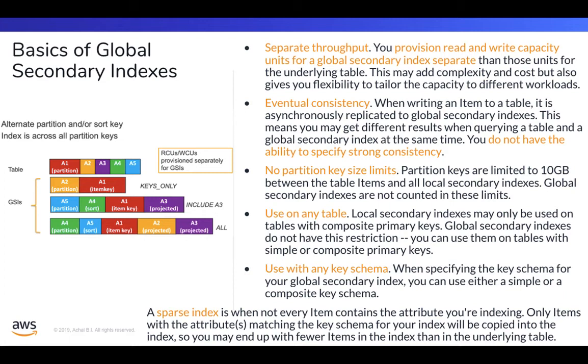They would get a finite, small list of items which could be used for catering to the orders which are in placed status. So sparse indexes are basically used in scenarios where you get very few items when compared to the underlying table.